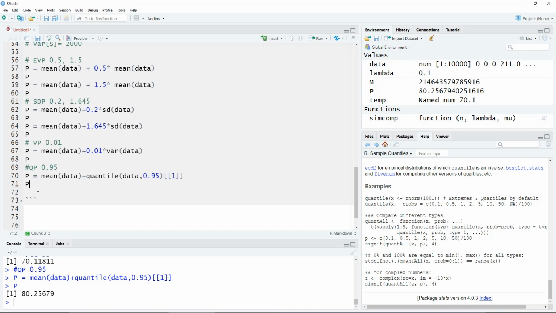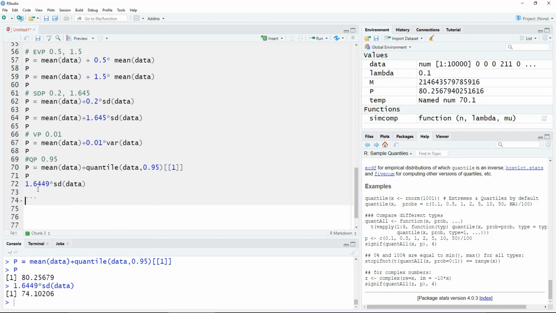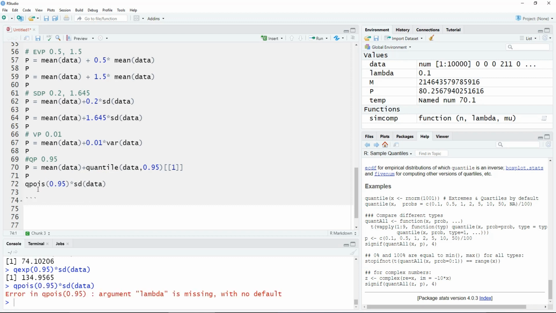So let me also check the exponent quantile of 0.95 and the Poisson quantile of lambda.